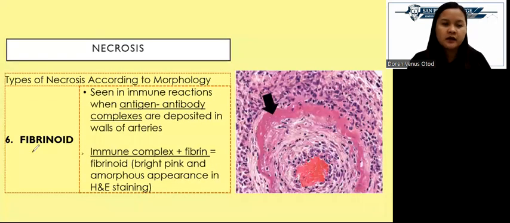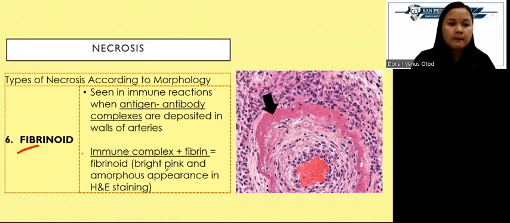And then, sorry, there are six. The sixth type is the fibrinoid. So for the fibrinoid type of necrosis, this one is seen in immune reactions when antigen-antibody complexes are deposited in the walls of arteries. So usually this is due to a genetic origin.